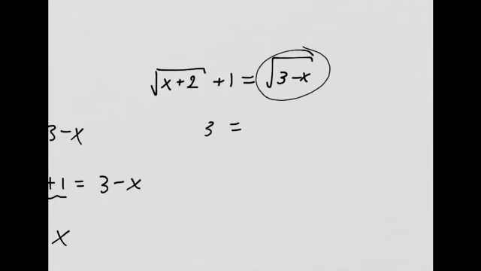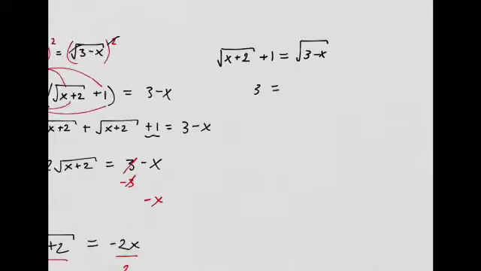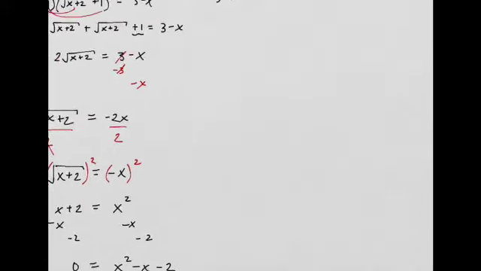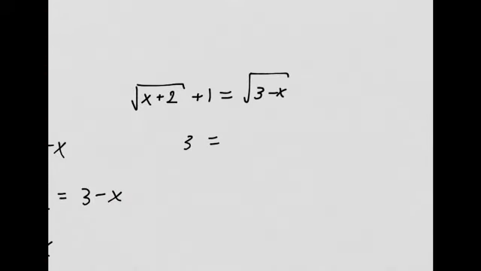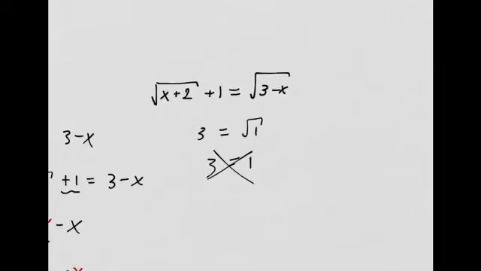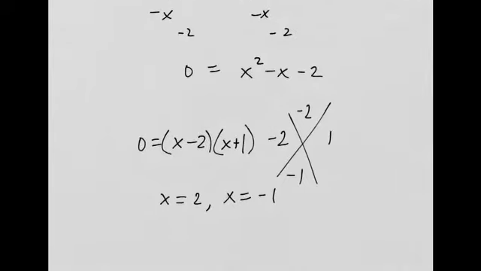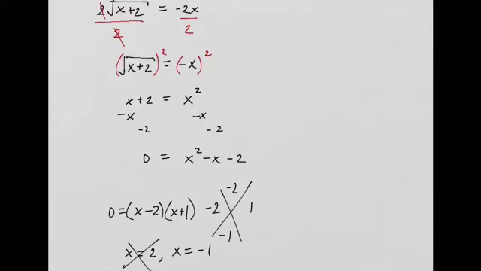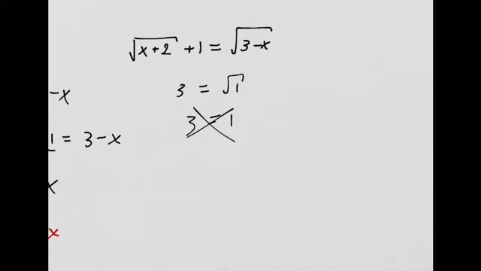And then I get, well, what am I plugging in? 2, right? Let's plug in my 2. Okay. 3 minus 2 is 1. Square root of 1 is 1. And that is not true. So, this is extraneous.